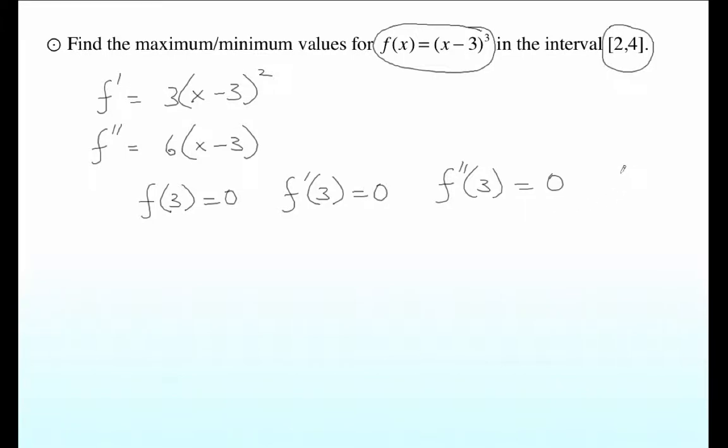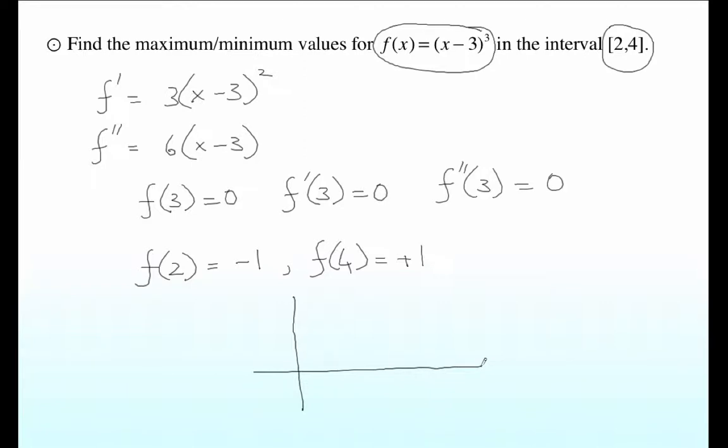That's not 0, but we're not concerned with that. Let's also note that f at the point 2 is minus 1. F at 4 is plus 1. And so here's the picture that one has of this function.